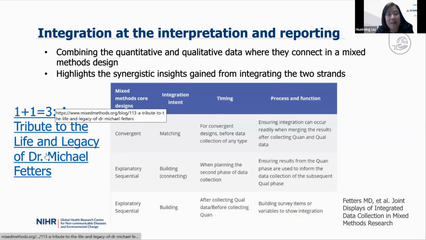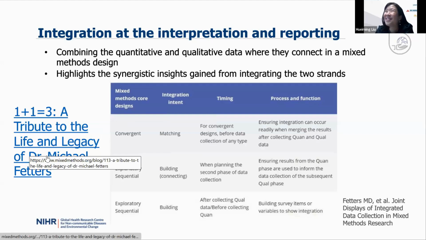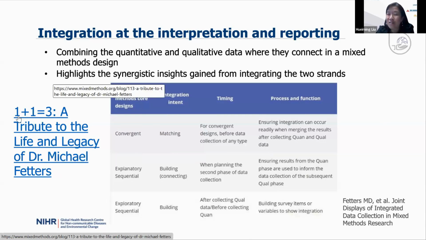When I first met him, he was always saying mixed methods is a bit like 1 + 1 = 3, where individually they're ones, but when you pull them together in mixed methods and integrate and analyze, you come up with more, equals 3. It's that wealth and depth of insight. Quantitative can tell a story, but those stories from the ground collectively tell a lot more in depth. And I hope in our research, that's what we can do.